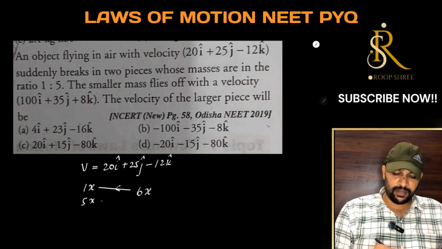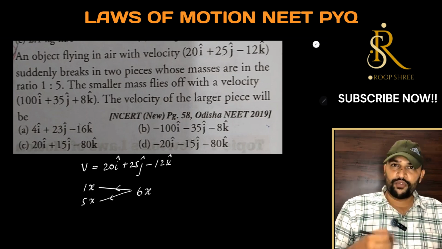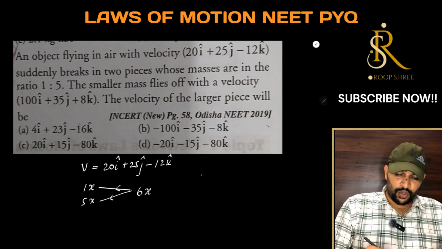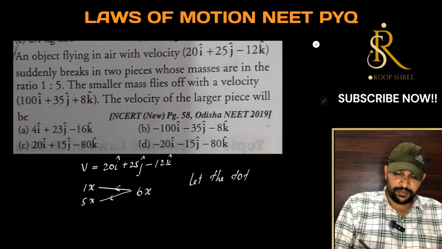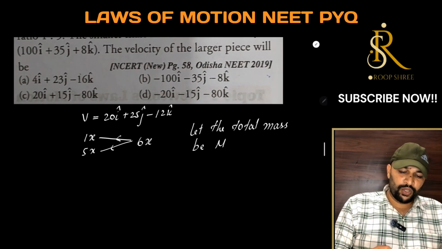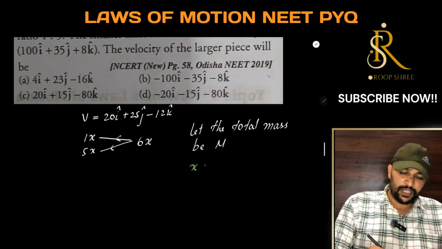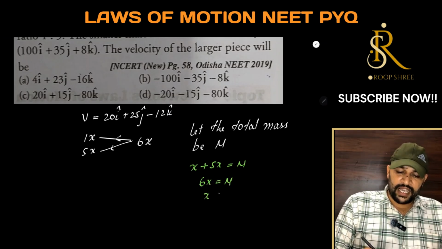Or we can let the total mass be M. Then 1x plus 5x, that is 6x, will give us M. So x must be equal to M by 6, correct?